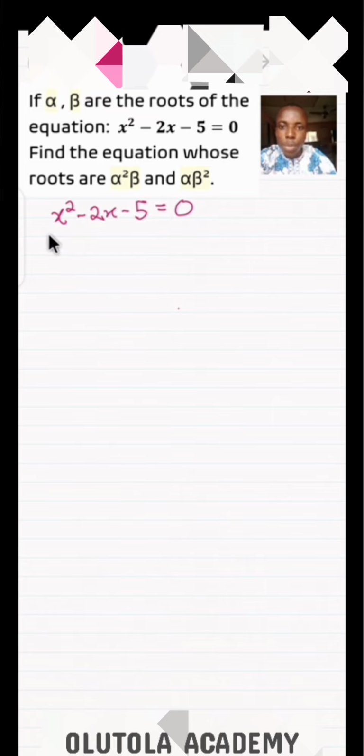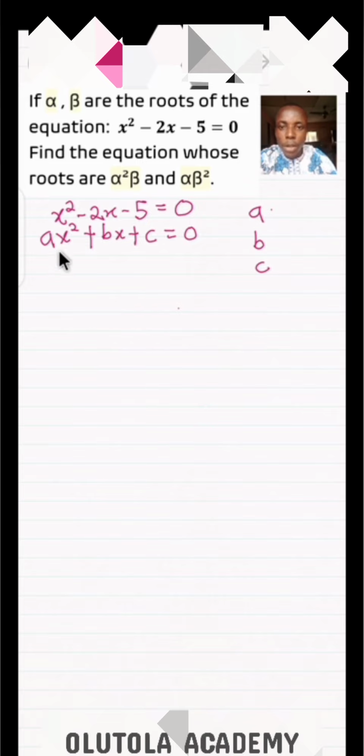Now compare this with the general form of a quadratic equation, which is ax squared plus bx plus c equals 0. I'm doing this so that I can get my a, b and c.